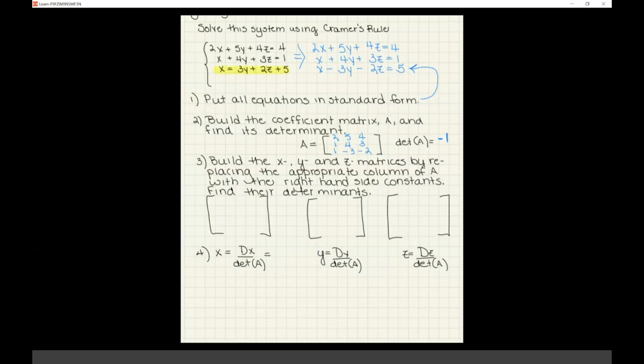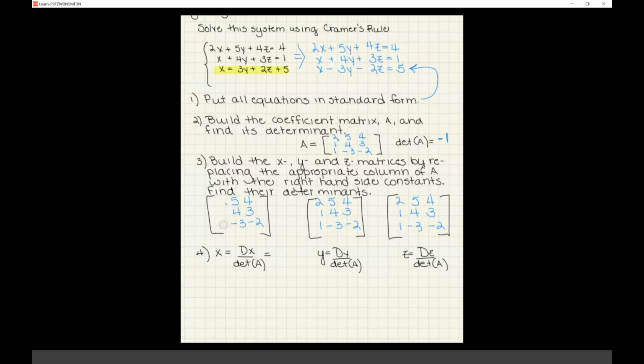Now I need to start with the same coefficient matrix. I know it's tedious to watch me do it, but it really makes it stick in your mind how to do it, so bear with me. I'm copying the coefficient matrix over 3 times for x, y, and z, and then erasing the appropriate column in each matrix.